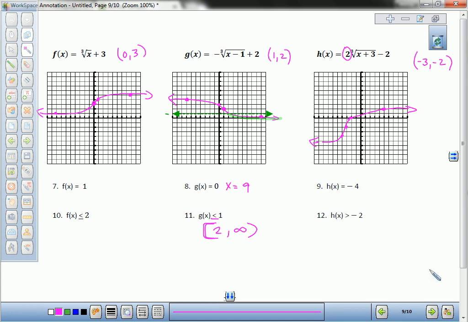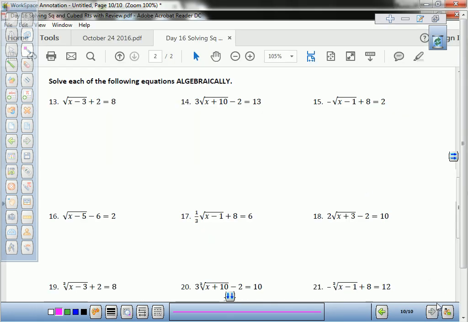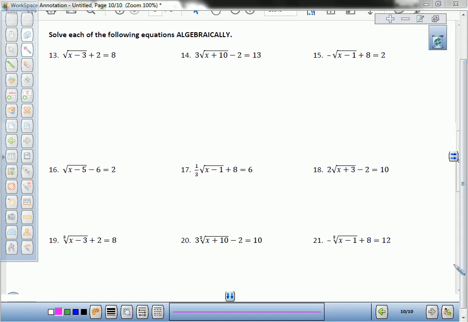Okay. Now let's talk about the way I like to solve, the algebraic way. So just like with every one of the functions we've studied, we're going to isolate our x, and this time our x will be trapped under a radical. It's either going to be trapped under a square root or a cubed root.